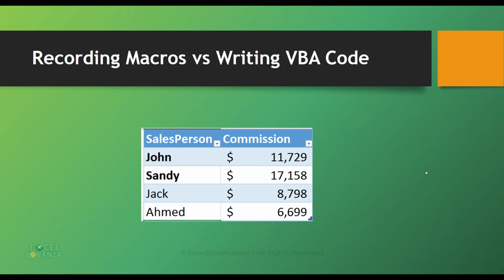So you could record that action in order to know what piece of code to write and then take it from there and start writing your macro. This is a very common way to learn about something that you do not know how to do in Excel VBA. You just record it, know the method or property that you need to use, and start writing your code.